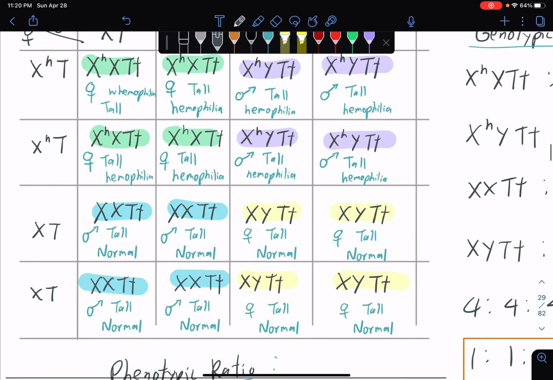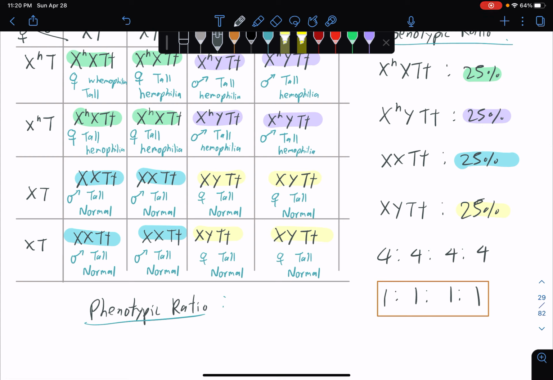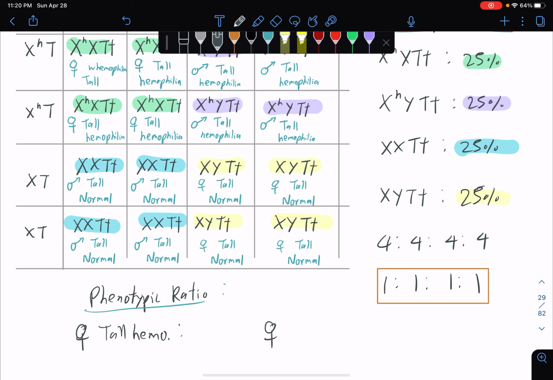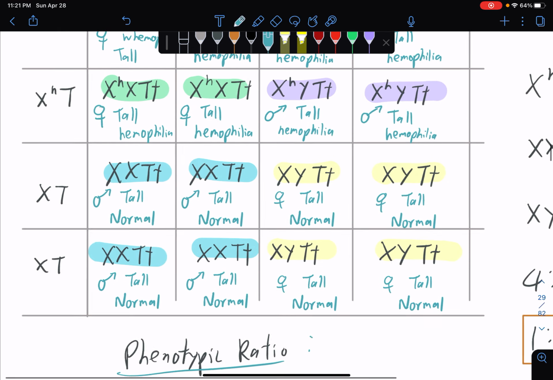Phenotypic ratio, I believe we have 4, following what we organized for the genotypes. So we have female, tall, hemo. Let's just abbreviate hemophilia as hemo. We have female, sheesh, why do we keep mistaking the symbols? This is supposed to be for females. Big sorry.